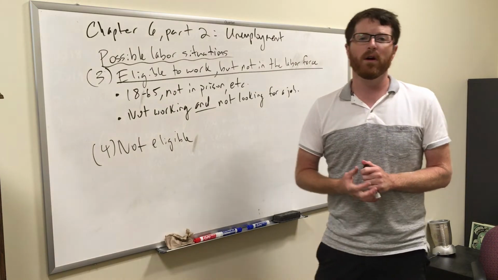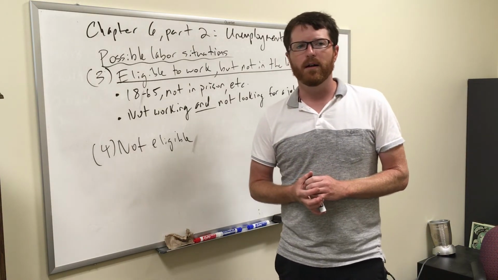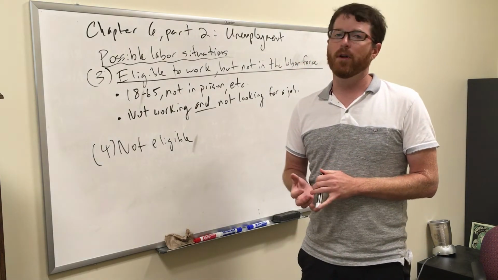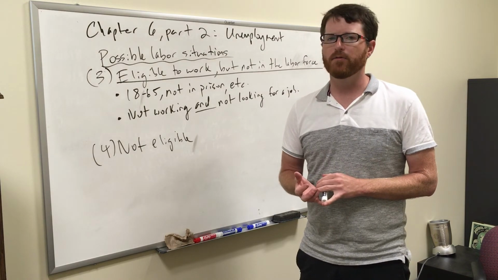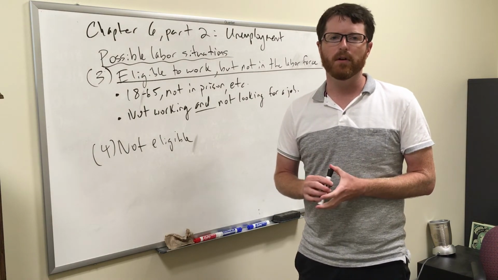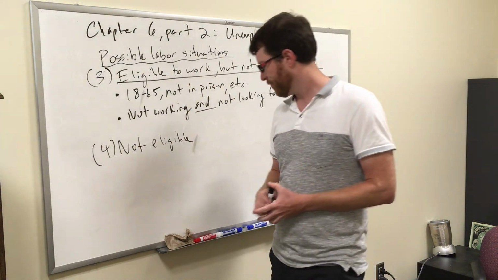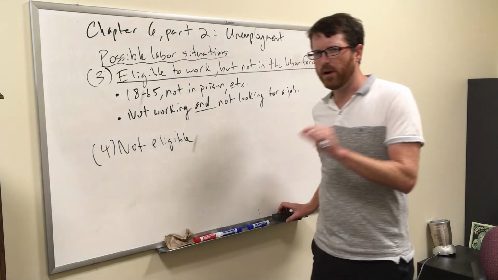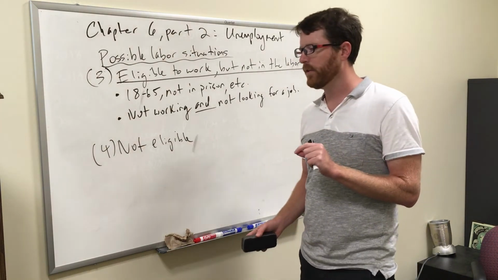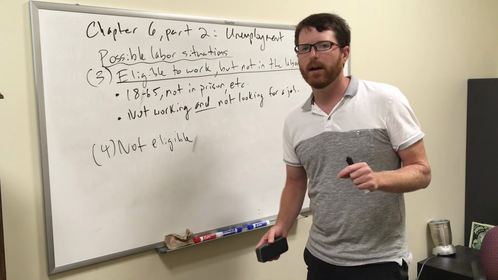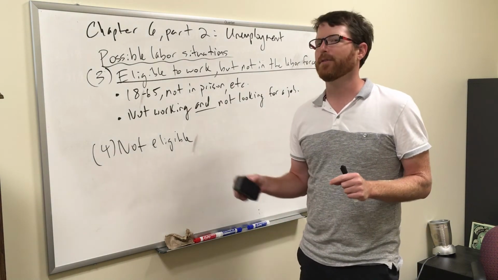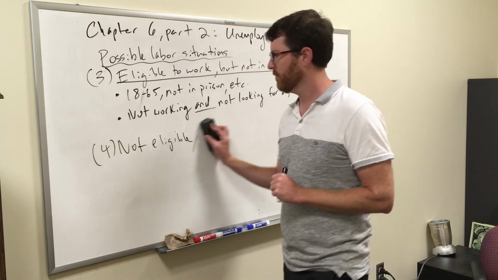Maybe they just don't want to work, so they're not trying to work. Maybe they're retiring early, whatever, right? Maybe they're traveling the country instead of trying to work. So overall, you end up with a lot of people who aren't in this discussion. This is important. We'll come back to this later on, but this is important because when the economy gets really bad, these categories sometimes will expand.